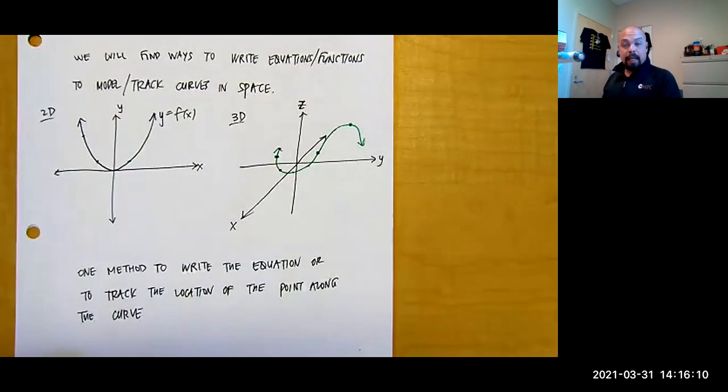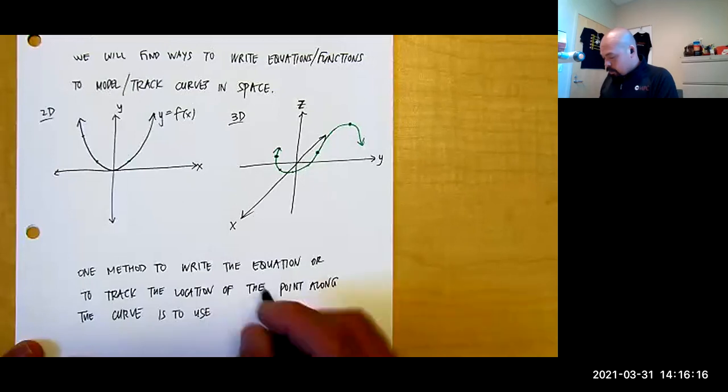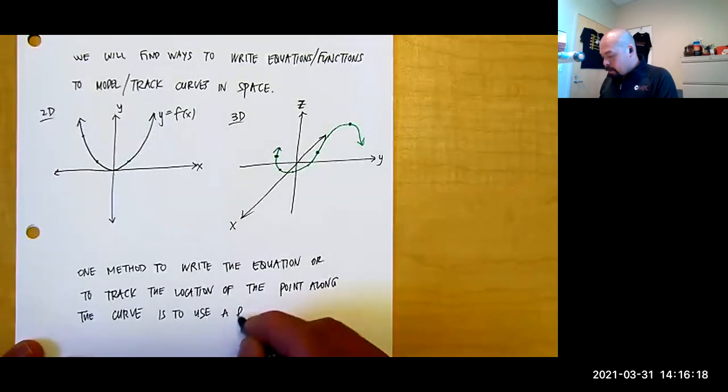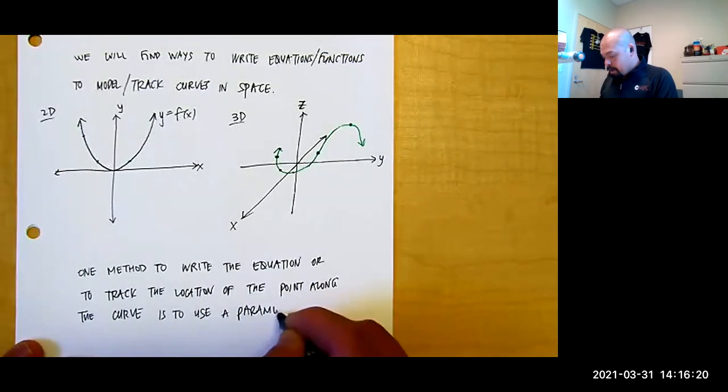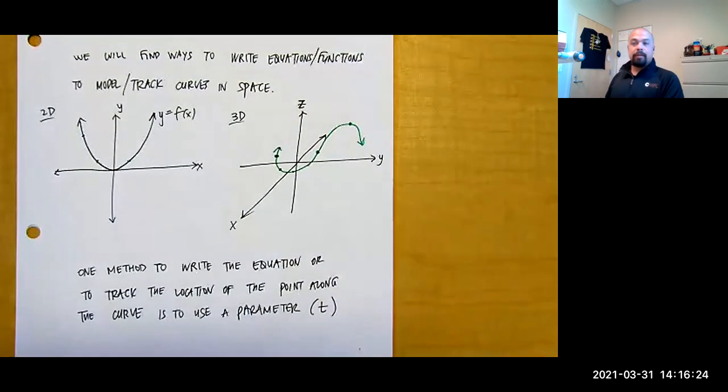One method to write that equation or to track that location is to use a parameter, right? This kind of independent variable, t. A lot of times when we're talking about these, we're thinking physics, we're thinking about this particle. Where is it at this moment in time? Where is it at this moment in time? So on.